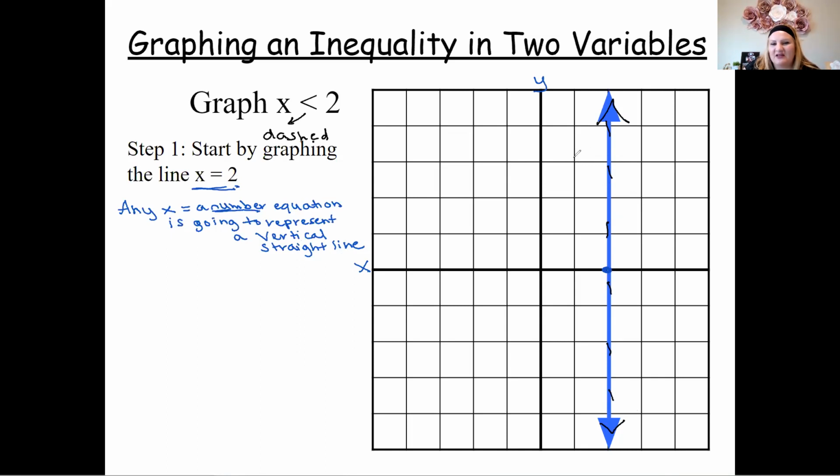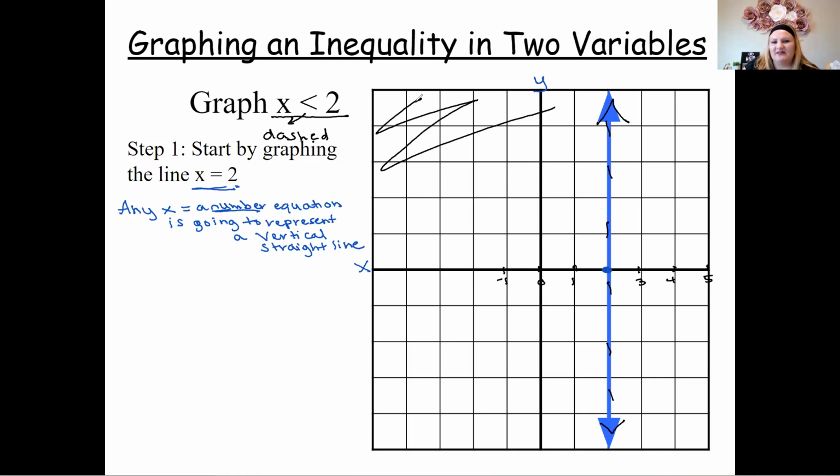Do we shade the left side or the right side? So this says x is less than 2. So where are all the values of x less than 2? This side is 1, 0, -1. This side is 3, 4, 5.